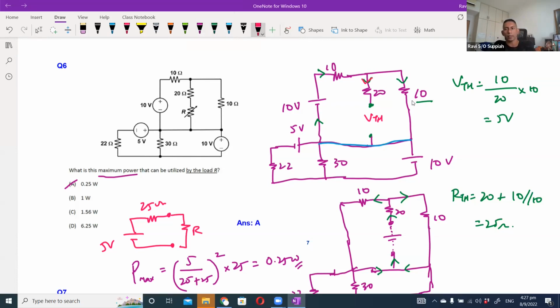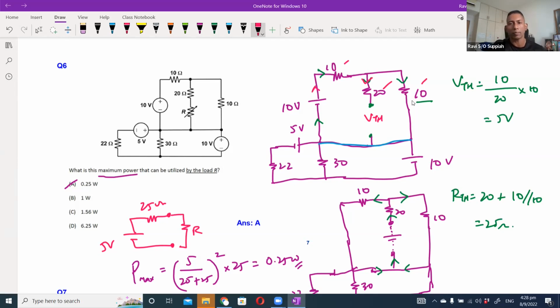Put another way, the Thevenin's voltage observed by this open circuit is a result of the components here: the 10 ohm, 20 ohm, and 10 ohm. The current that flows through these components is a result of current that comes out of this supply only.